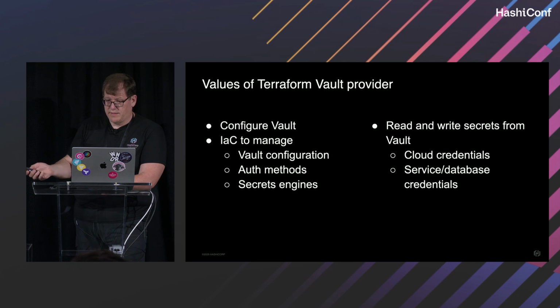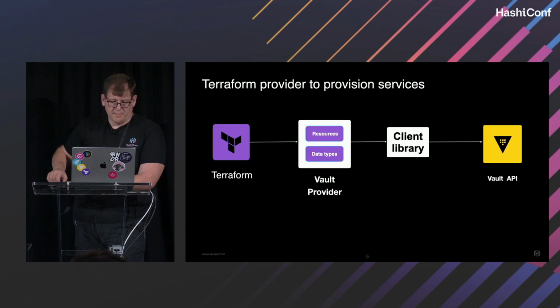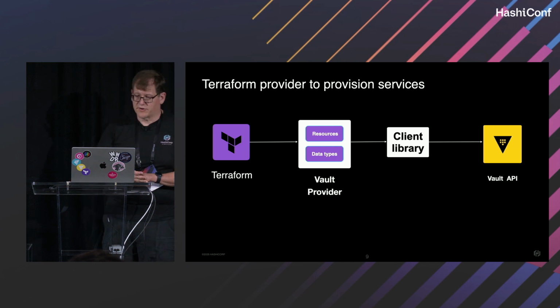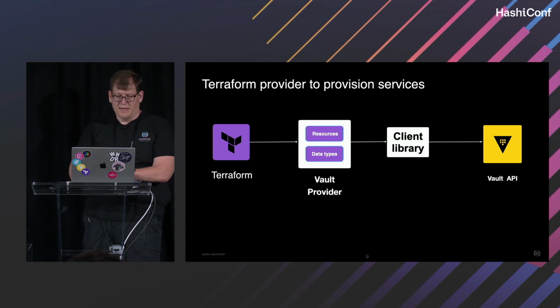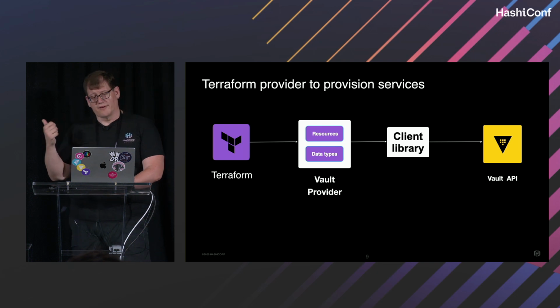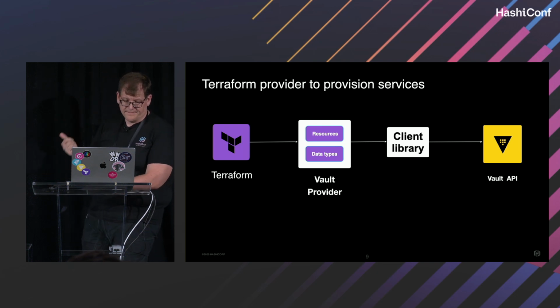Okay. And you might be wondering, how does Terraform know how to interface with the cloud and service providers? This is a high-level view of how it works. The Vault Provider is written using the client library for Vault, the Vault API. So the Vault Provider is a plugin, like the AWS provider and all the other ones.